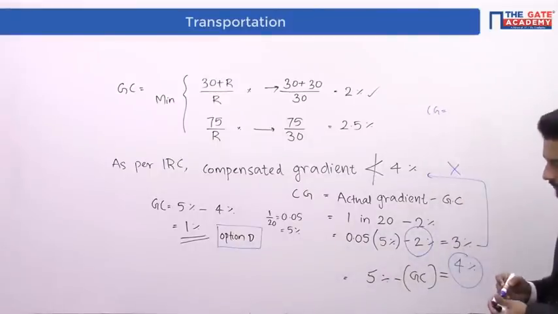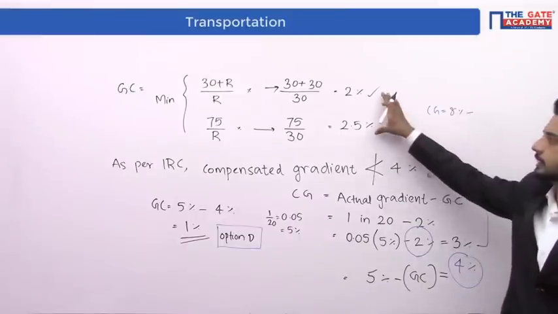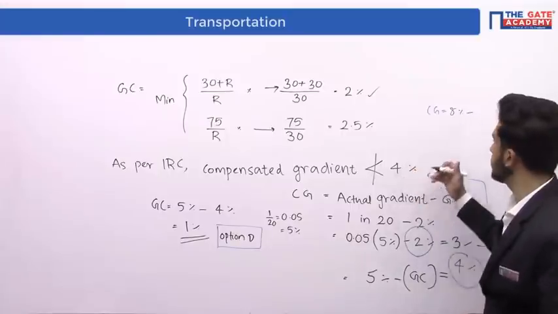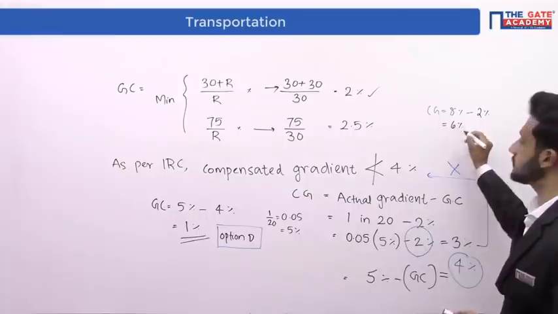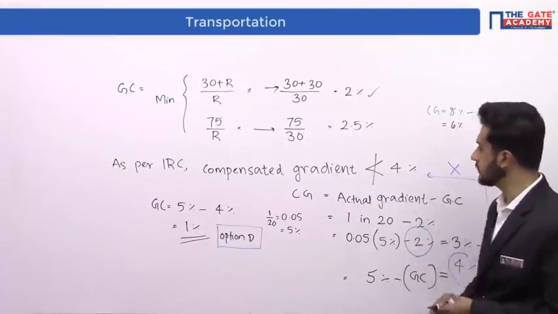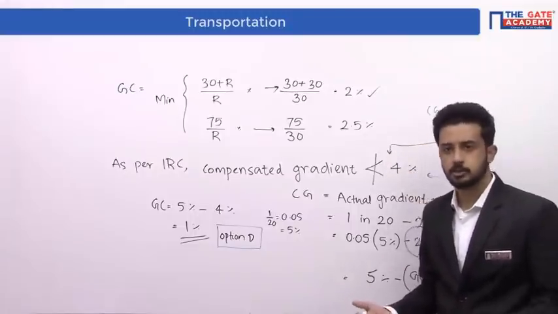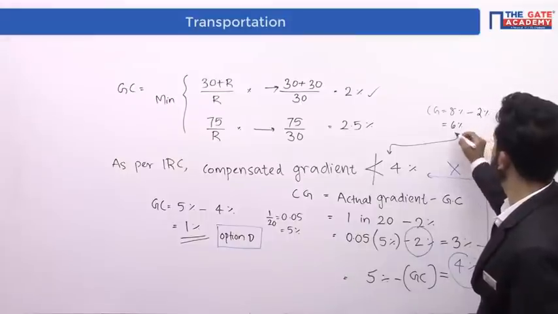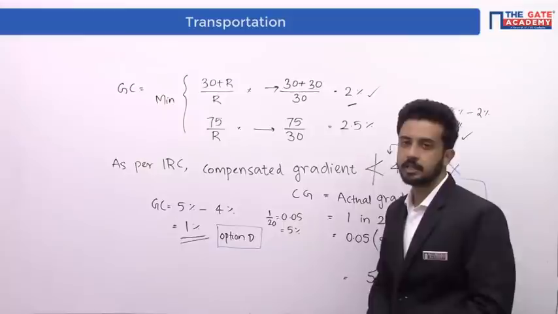Compensated gradient is equal to 8% minus, as per the equation, 2%. What I will get? 6%. Correct? So if I am getting 6%, am I obeying this rule? Yes, we are obeying. So no problem. So grade compensation will be 2%.